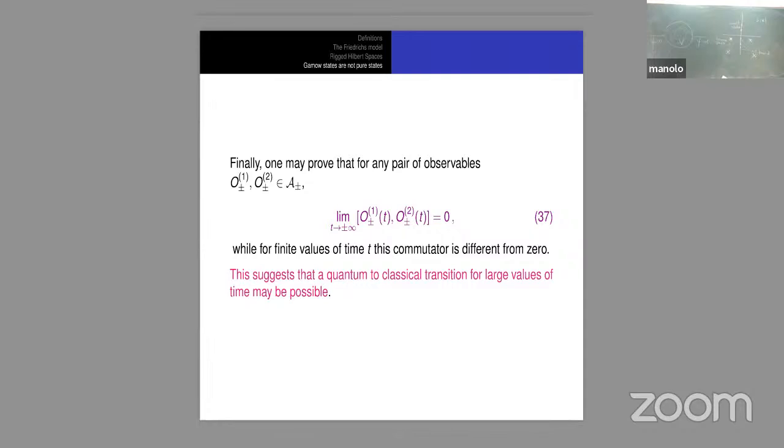It happens that the limit when t is large, either in the past or in the future, gives 0, which suggests that a quantum transition for large values of time is possible. We have published this result in a couple of papers, and I simply wanted to mention it.